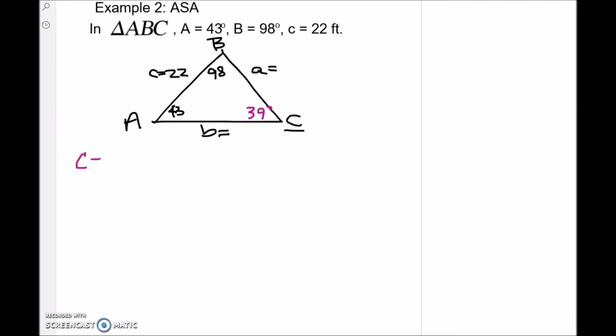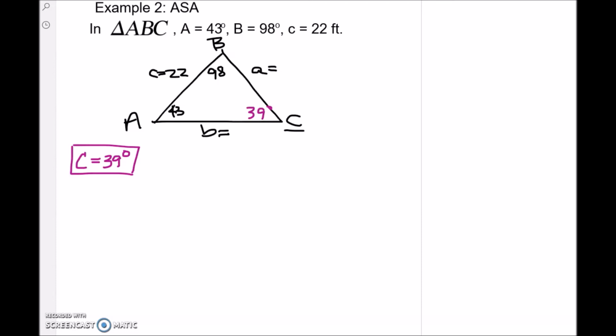So C is 39 degrees. And technically we should write measure of angle C is 39 degrees, but when we're solving triangles, it's fine to just use the uppercase letters and we know it's an angle.